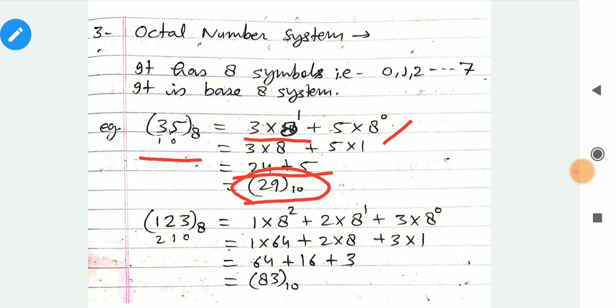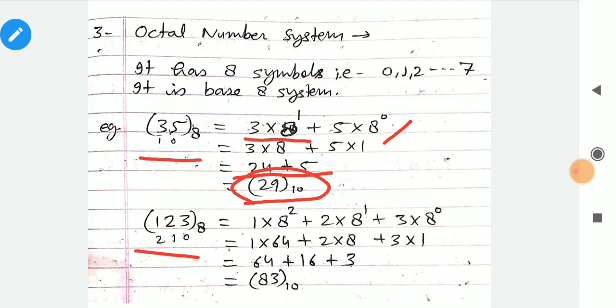Taking another example, it is 123 in octal. In 123, 1 is at the second position, 2 is at the first position and 3 is at the 0th position. Now coming to solve it: 1 into 8 to the power 2 plus 2 into 8 to the power 1 plus 3 into 8 to the power 0. 8 8 is 64, plus 2 into 8, plus again 3 into 1.